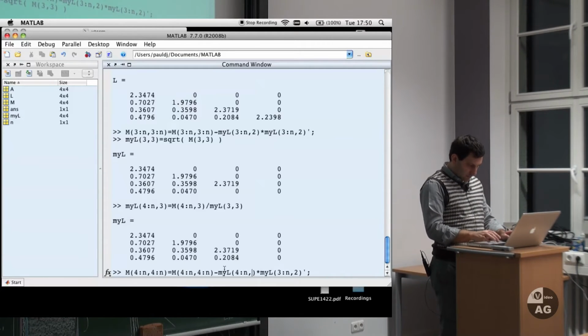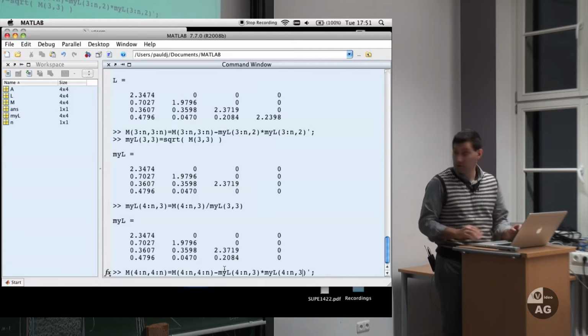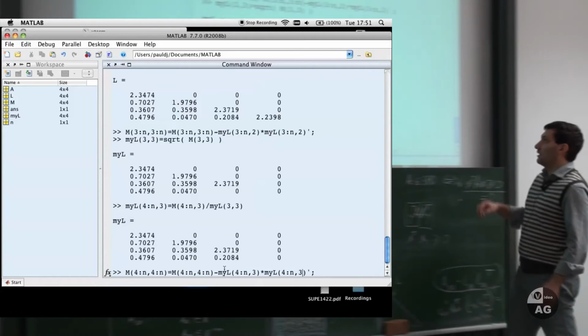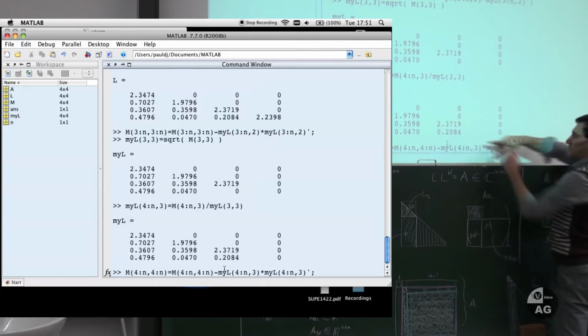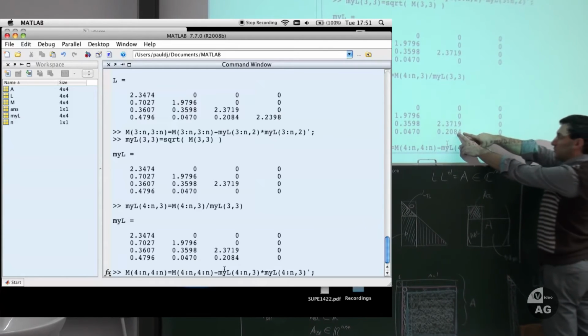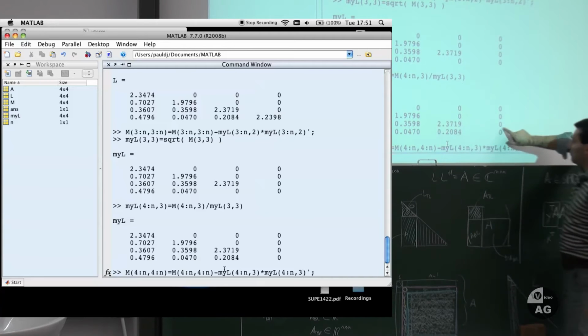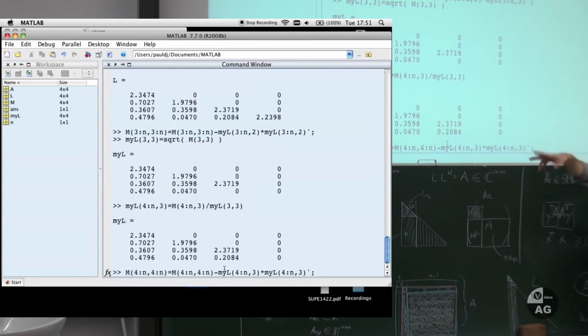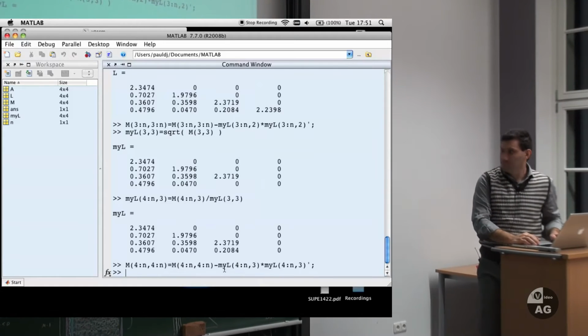Okay, I have to take this, and this. And what I'm doing, I am taking this entry here, multiplying it times its transpose, which is itself, so I'm squaring this element, and I'm taking this entry in the matrix M, and subtracting the two. Is it done?